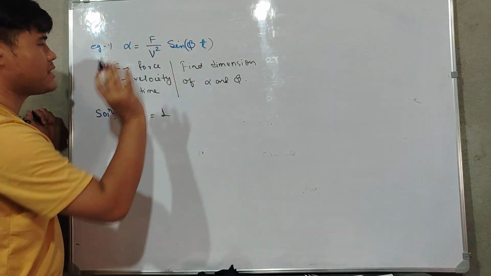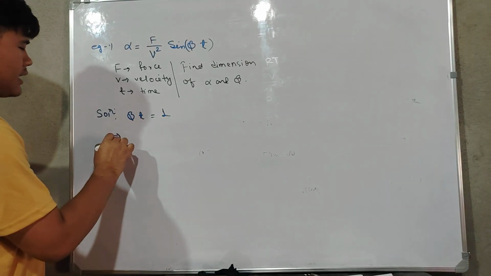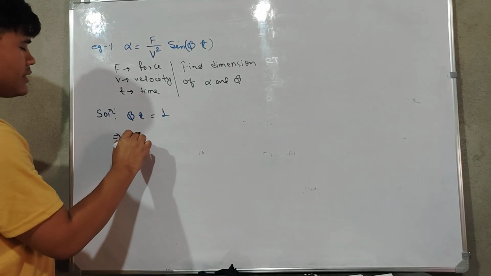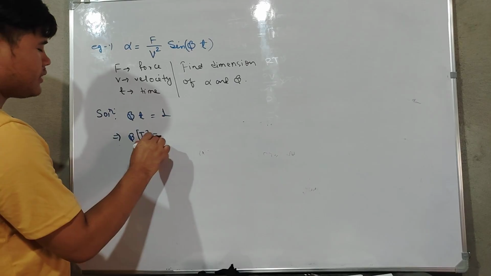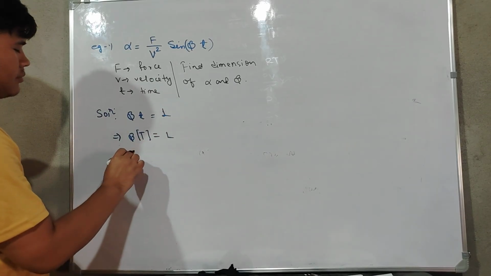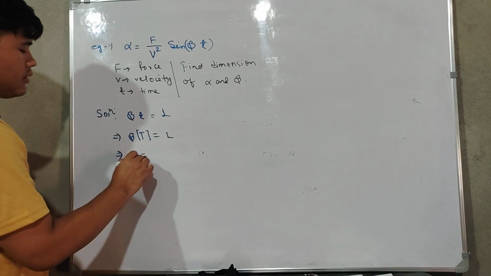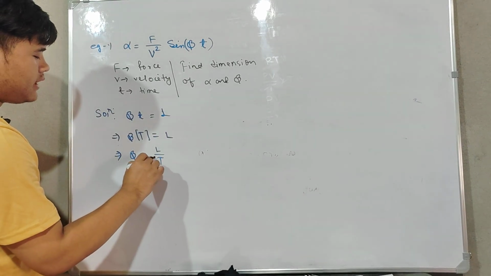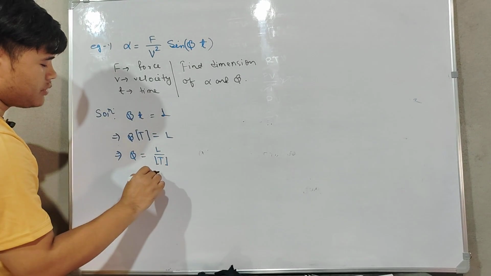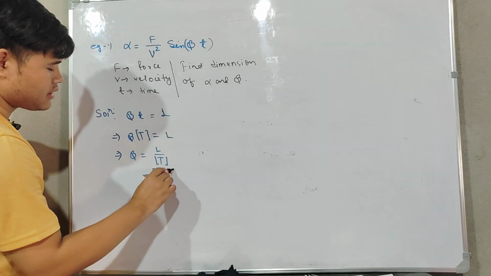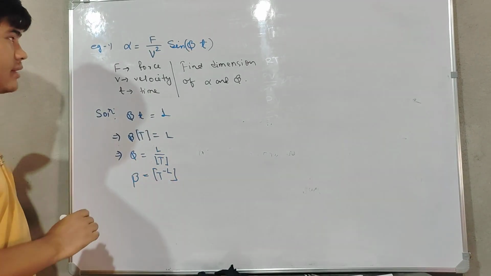Dimensionless means 1. So beta will be 1 by T, which is T inverse. So this is the dimension of beta.